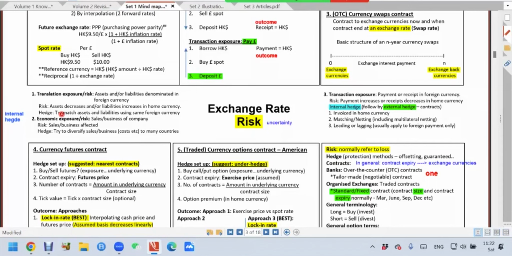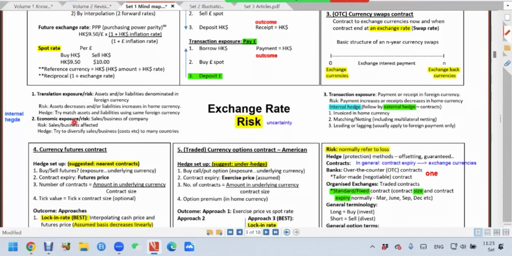Here, there's another exposure. When the exchange rate changes, a company may have translation exposure. Exchange rate change, a company may also have economic exposure. Your currency becomes more expensive, fewer people come to Vietnam.